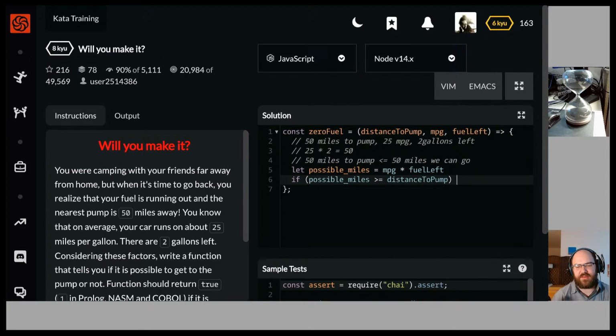I can use that syntax I saw on the other line. We're probably supposed to use semicolons. I'll type it out. With an else, return false.